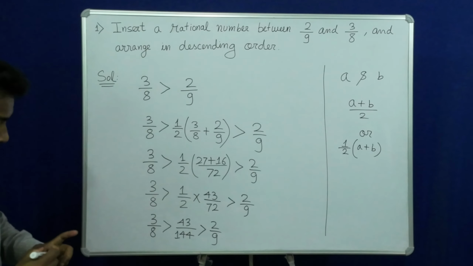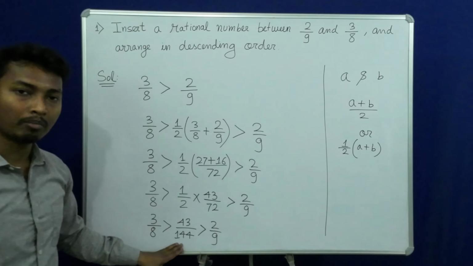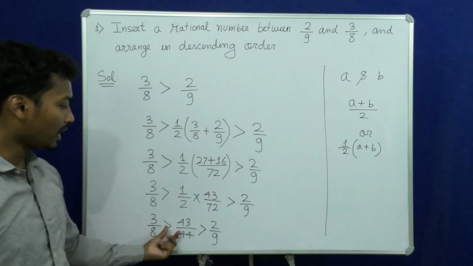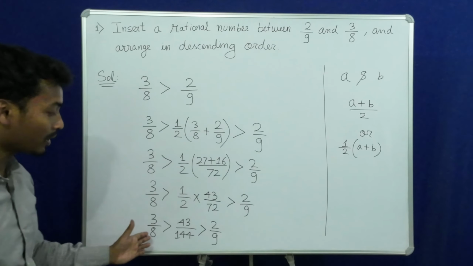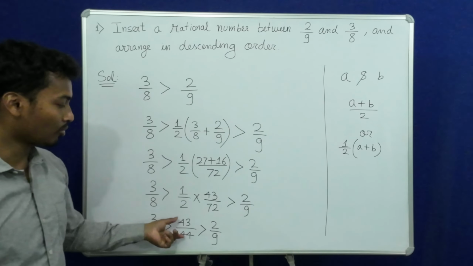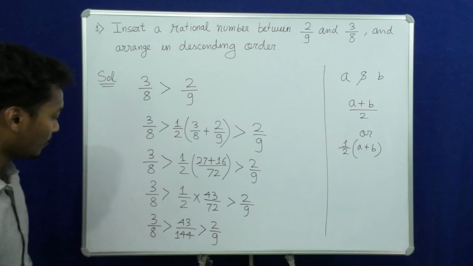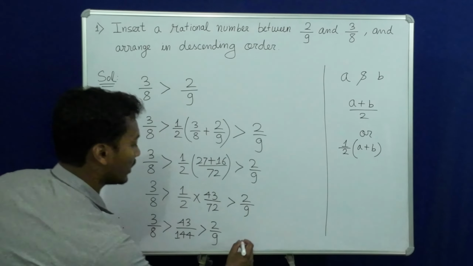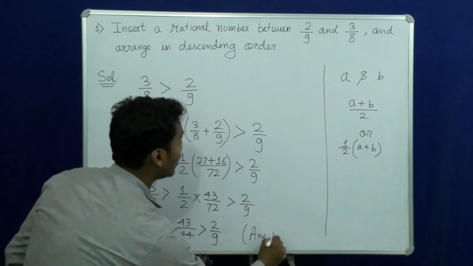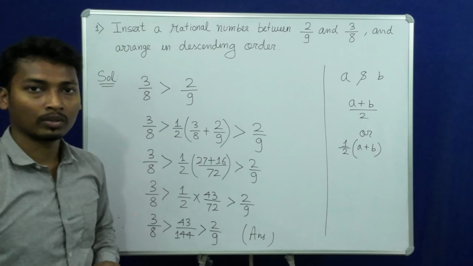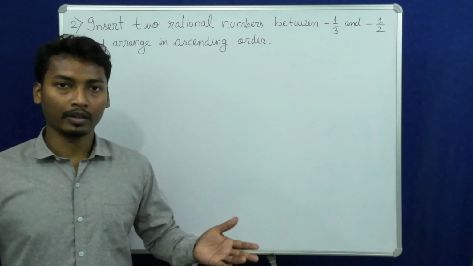So here you see we have got a rational number by using the average or mean method between 3 by 8 and 2 by 9, and we have expressed them also in the descending order where this is big, then smaller, then smaller. So we can write this as your answer for the required question. Okay. Next question.